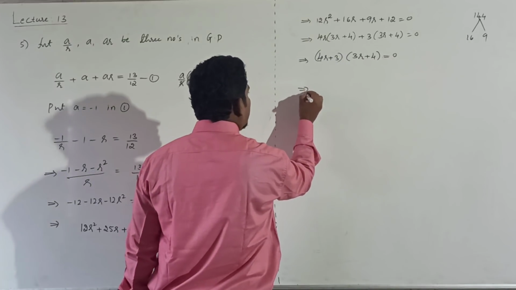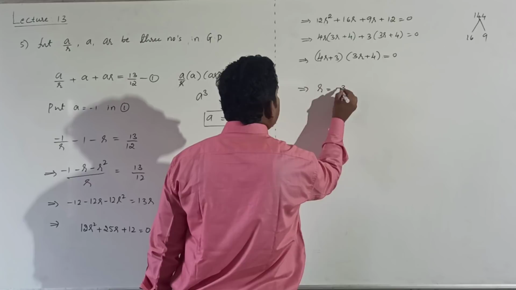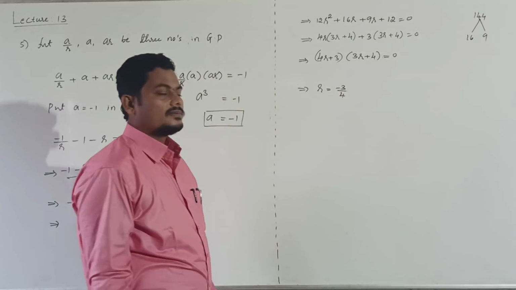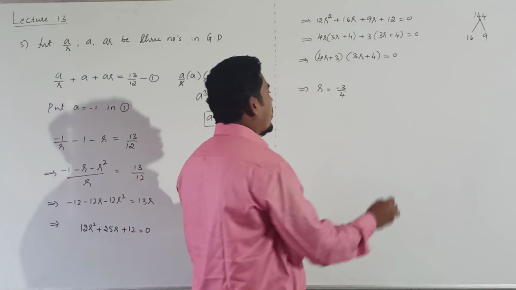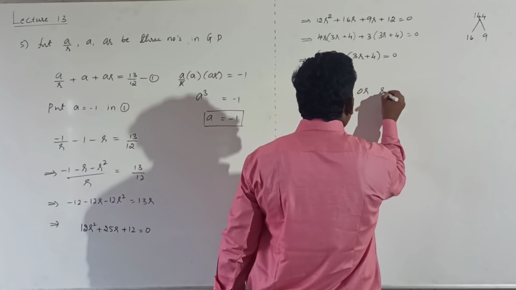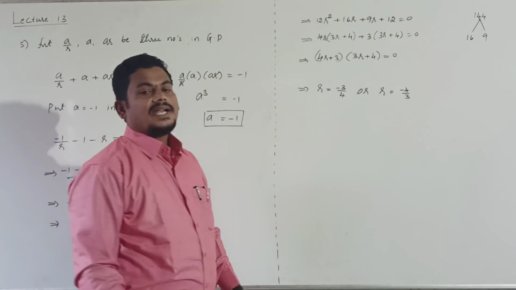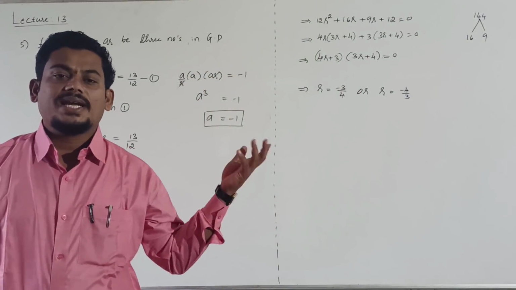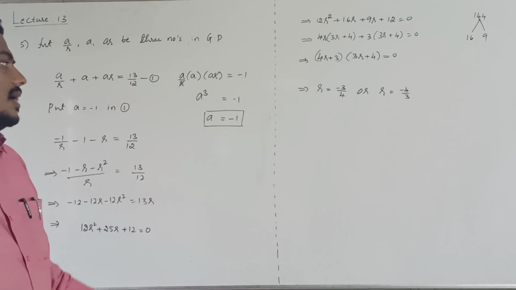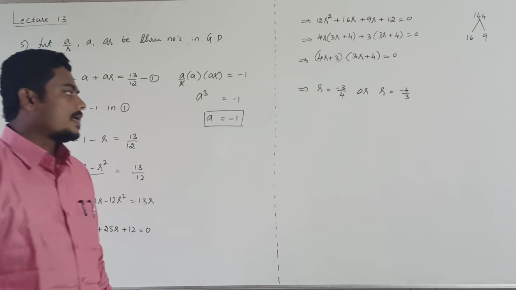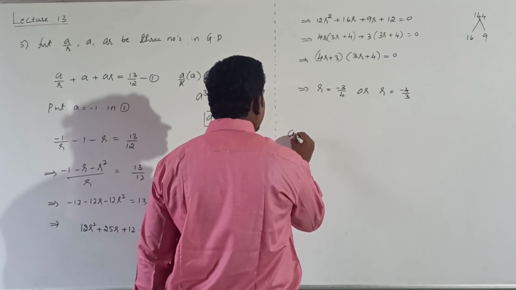That gives r equal to minus 3 divided by 4 or r is equal to minus 4 by 3. Now we get the common ratio. After getting the common ratio, write these three terms. Two cases.